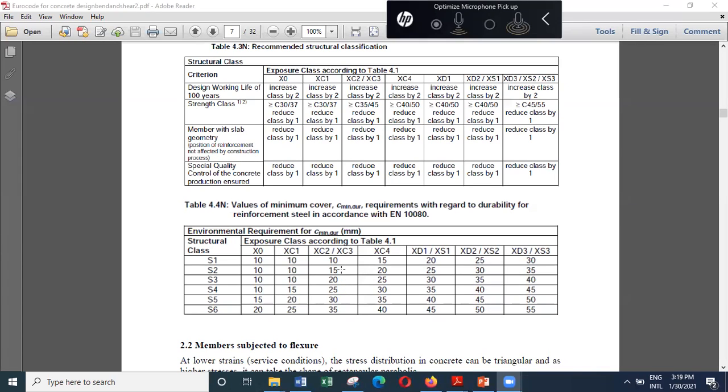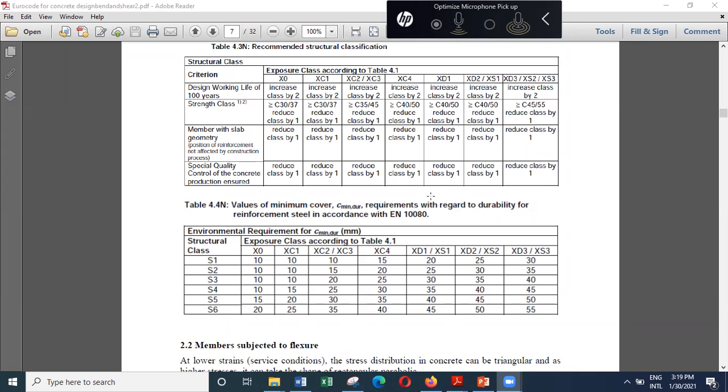That means you can move this way. And if you are designing for a longer lifespan, then you have to move this way. And if you are having more adverse site conditions, then you have to move this way. So using these numbers, you can actually select reasonable cover values for the reinforcement.